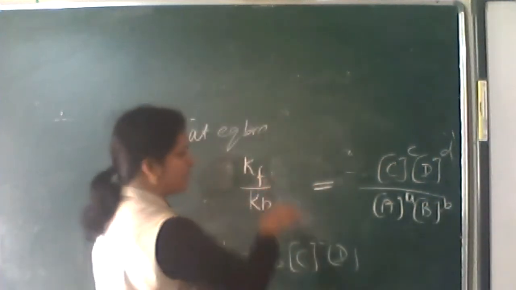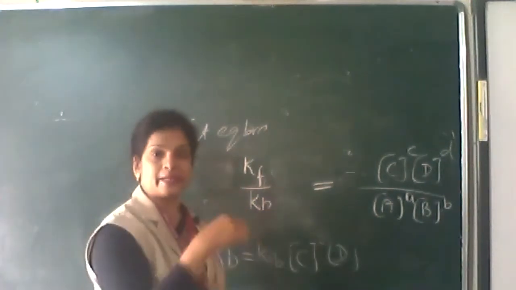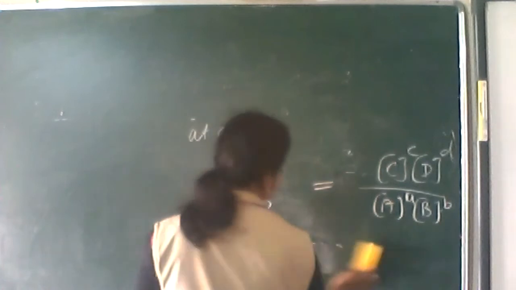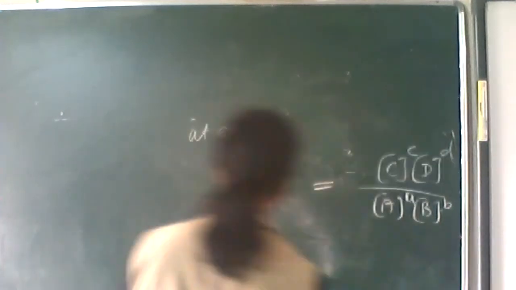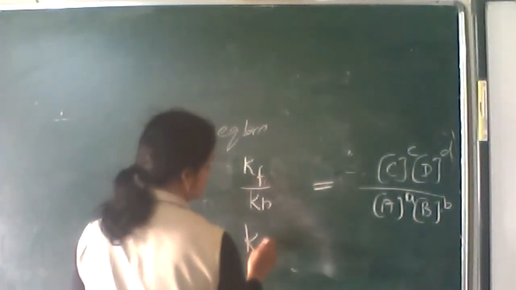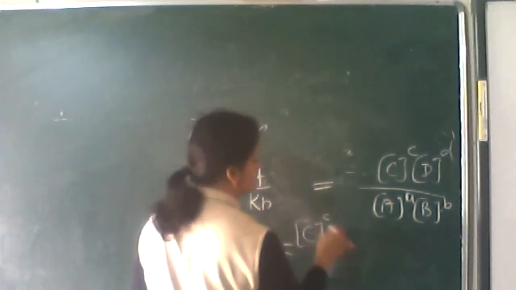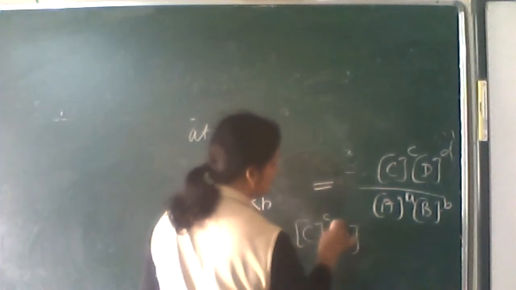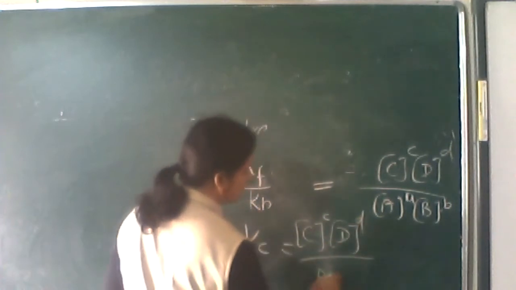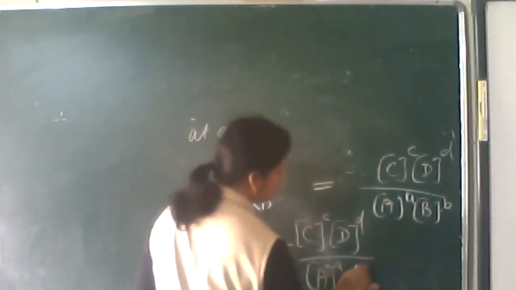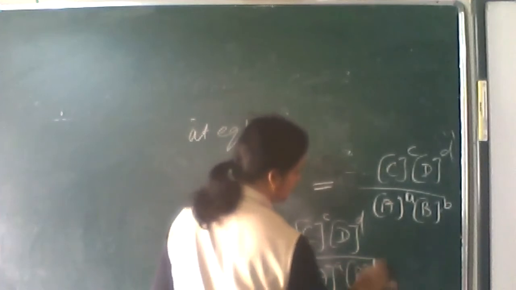Kf by Kb, a constant upon another constant, is a new constant. I am writing it as Kc, the equilibrium constant, which is equal to C to the power c into D to the power d upon A to the power a into B to the power b.